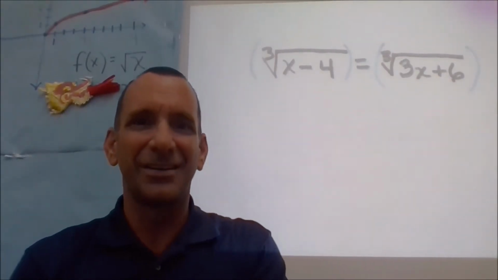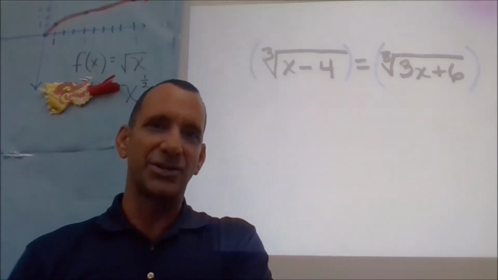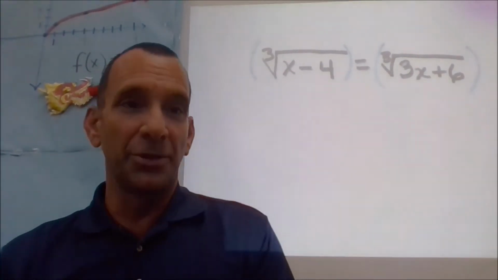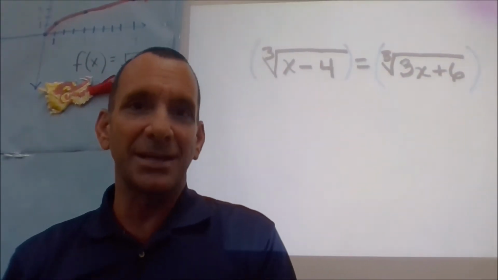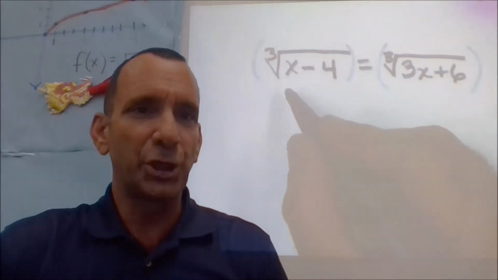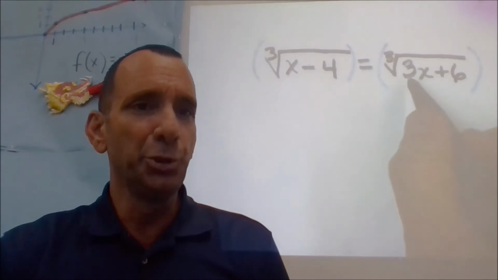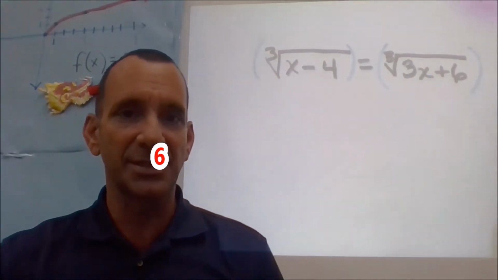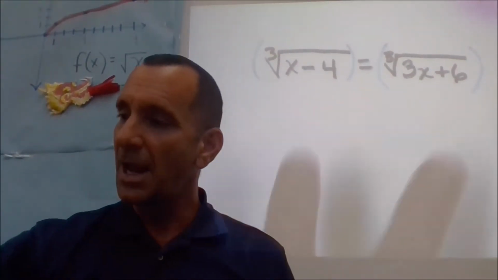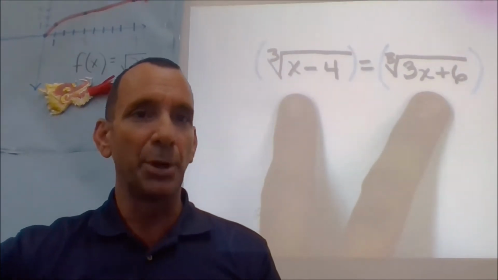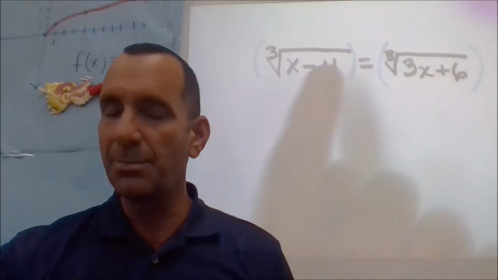So here we are, solving radical equations. Now this is an easy one, though it looks a little complex at first. We see that we have the cube root of x minus 4 equals the cube root of 3x plus 2. Now in this situation, there are radicals on both sides and they have the same index.